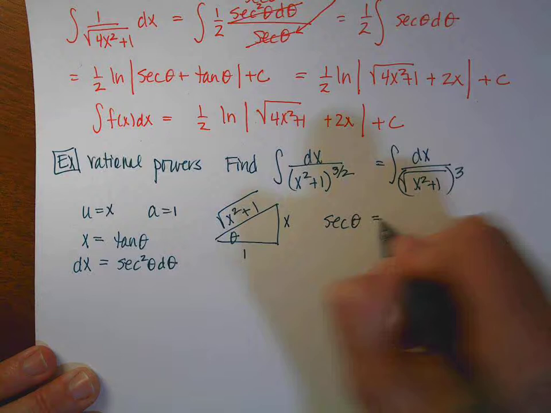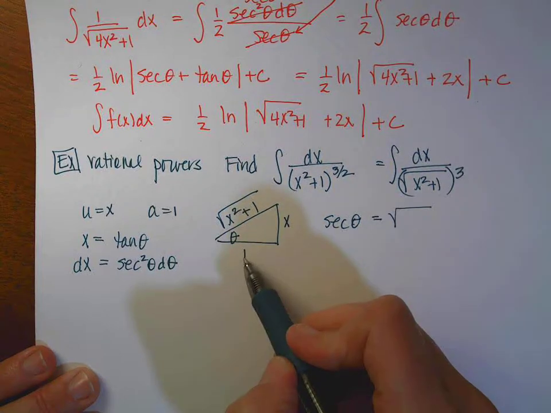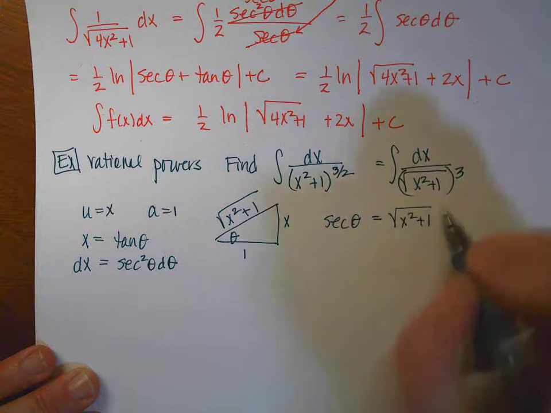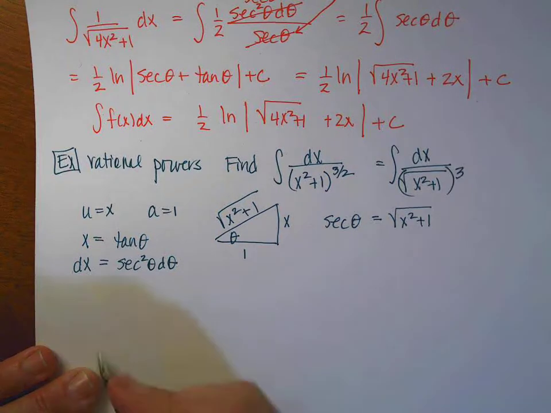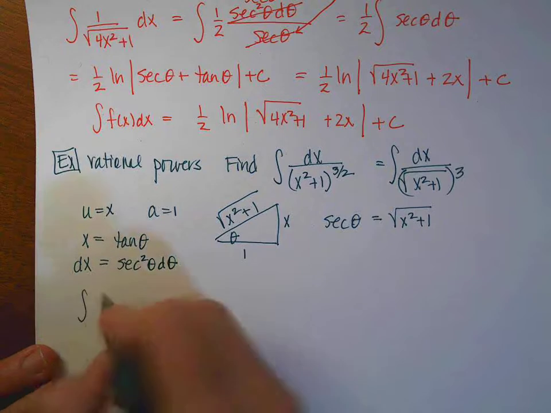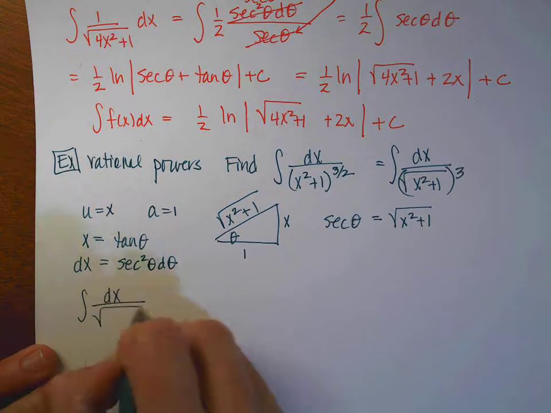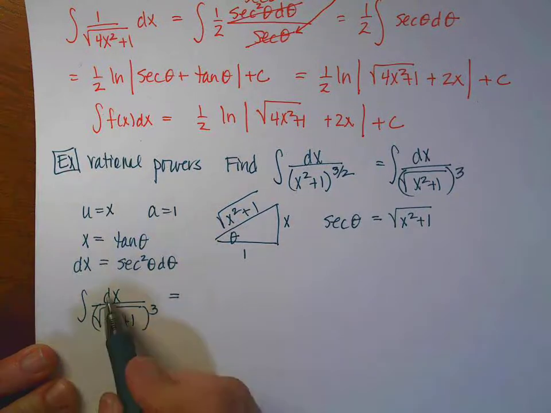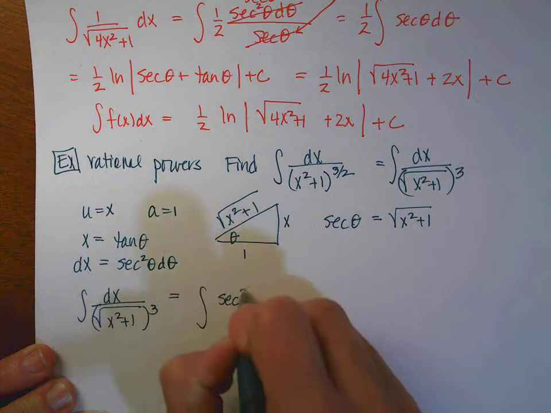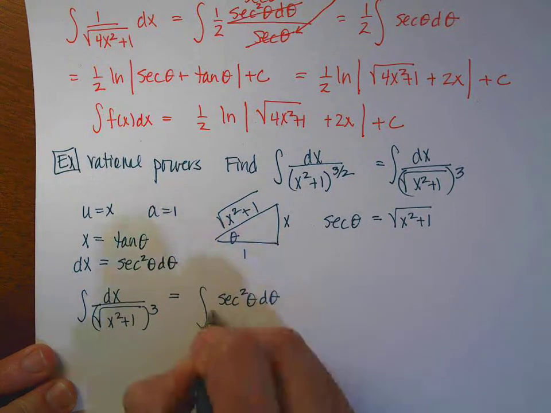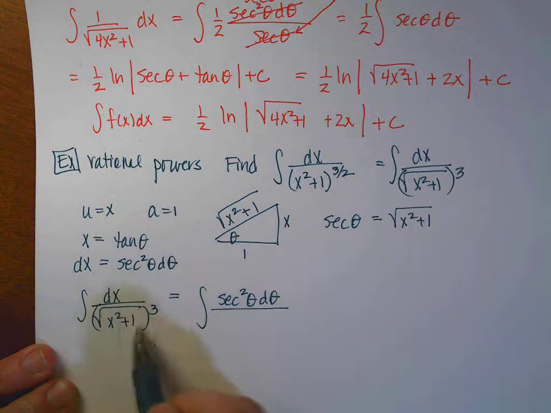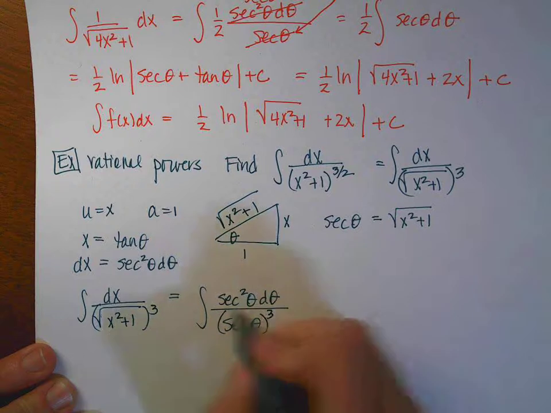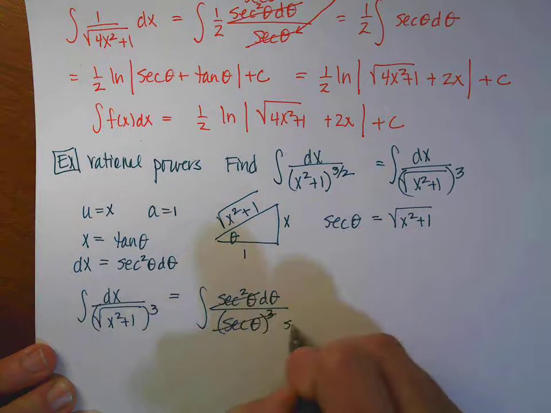So that's handy. And then I know that the secant of theta is going to equal the reciprocal of cosine. So if cosine is 1 over this, then this is secant. So this is going to be the square root of x squared plus 1. So now I just have to substitute all my values in. So the integral of dx over the square root of x squared plus 1 cubed is going to become, well, dx is secant squared theta d theta, and then the square root of x squared plus 1 is the secant of theta cubed.